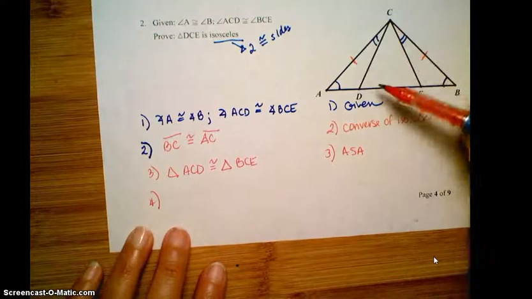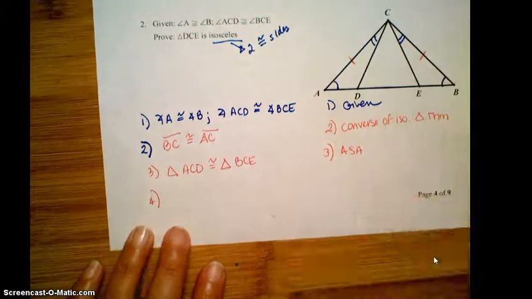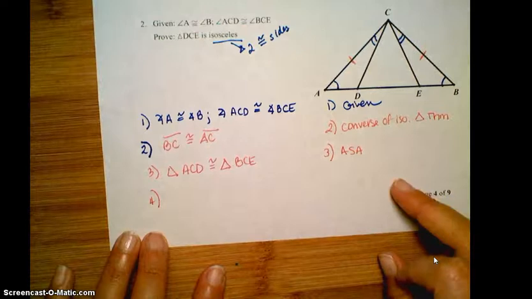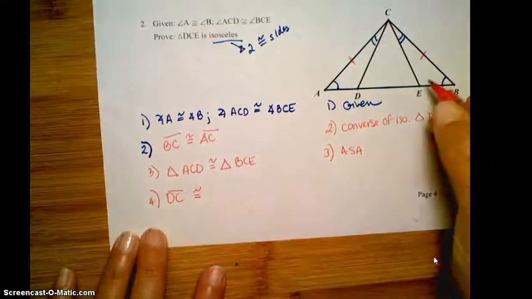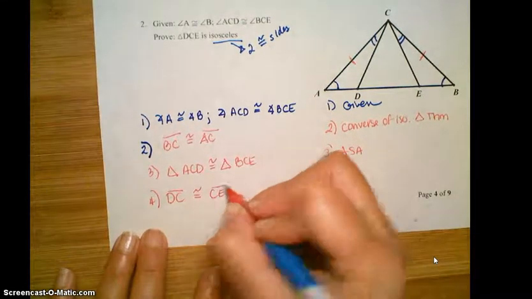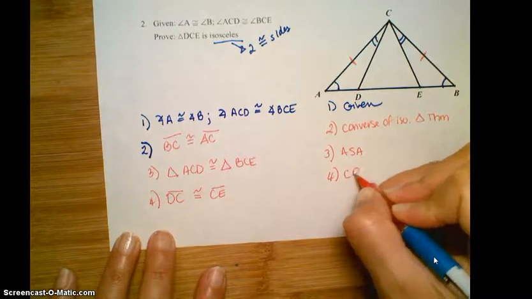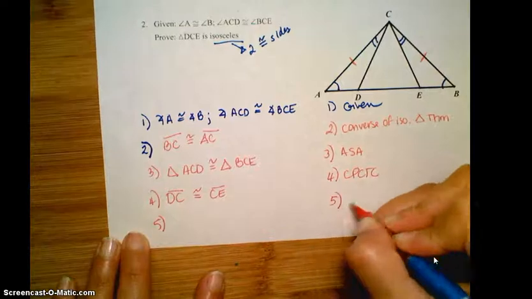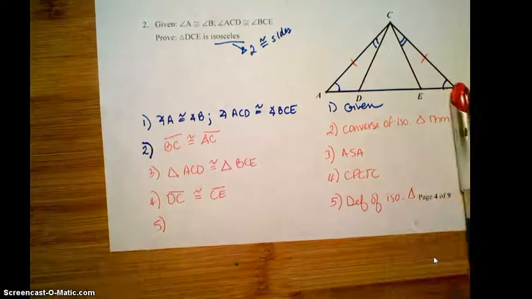Well, which parts do I need to accomplish my goal of the triangle being isosceles? I need, go ahead, think about it for a second. Exactly, segment DC to be congruent to segment CE. We're going to run out of time possibly. At that point, your reason is CPCTC. The last step of the proof, of course, is that triangle DCE is isosceles, and your reason will be definition of isosceles triangle.